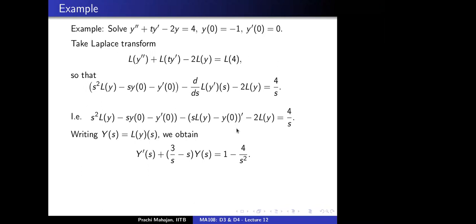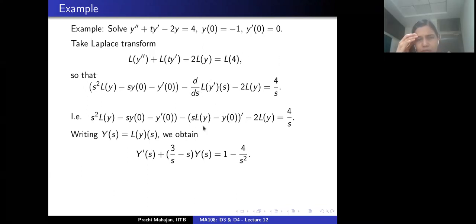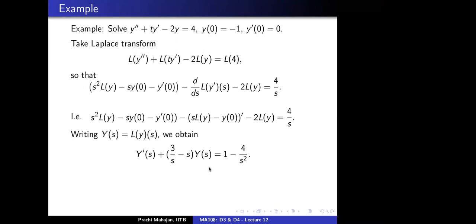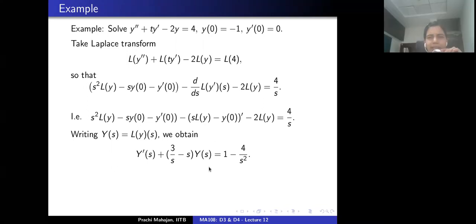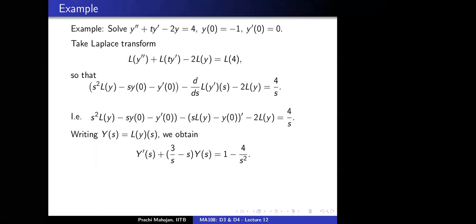Got it, ma'am. Right, just writing the Laplace transform of the derivative of y in terms of the Laplace transform of y. Correct? Yes, ma'am. So up till this point, is everybody with me? You can actually take a piece of paper and work it out. But is this bit okay with everybody present here?